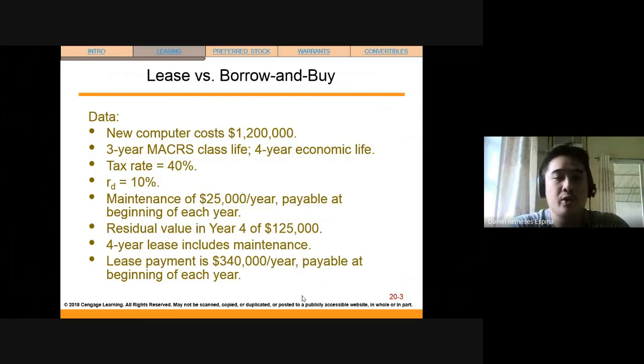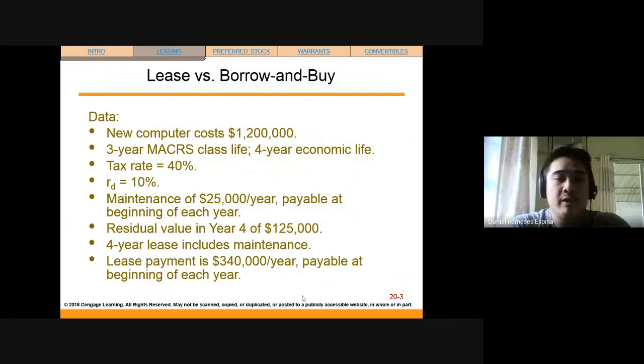So the computer cost $1,200,000. So it's expensive. You have the depreciation of 3 years using the MACRS. I just forgot the full name of the MACRS, but it's actually a type of depreciation method that is used in the US.